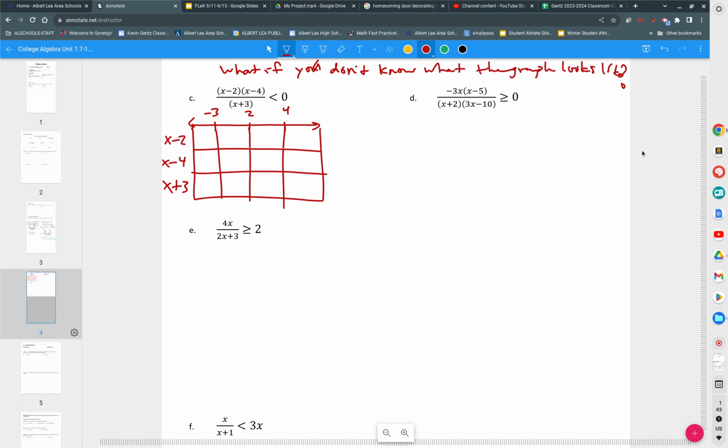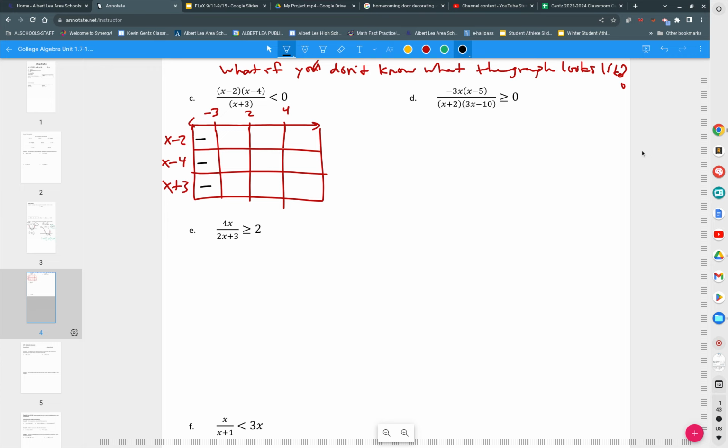Maggie, I'm going to ask you to give me a number to the left of -3. Any number you want, just make sure it's that way. -6. Good. So we're going to plug in that -6 and test it with each one of these. -6 minus 2, is that positive or negative? It's negative. -6 minus 4, negative. -6 plus 3, negative.